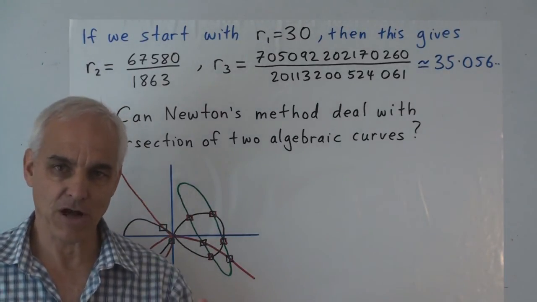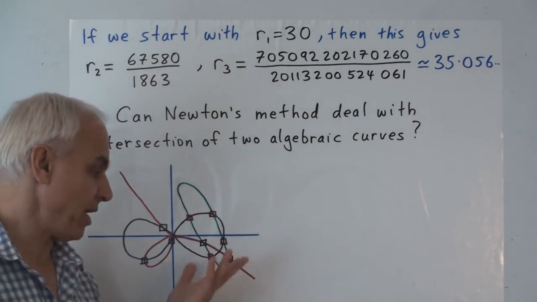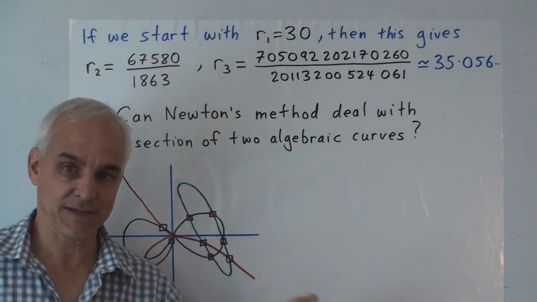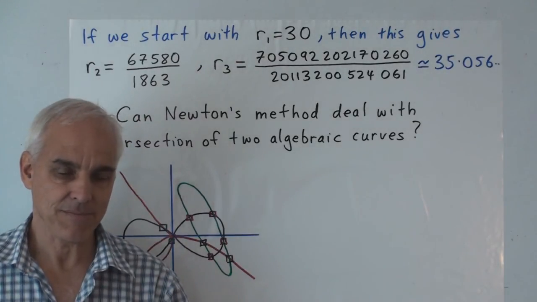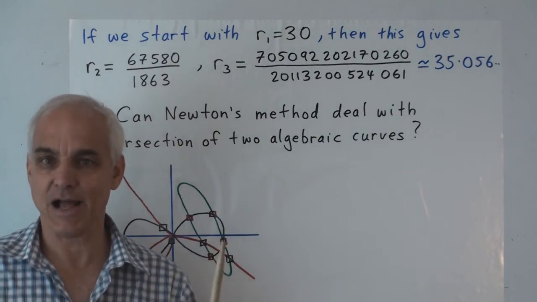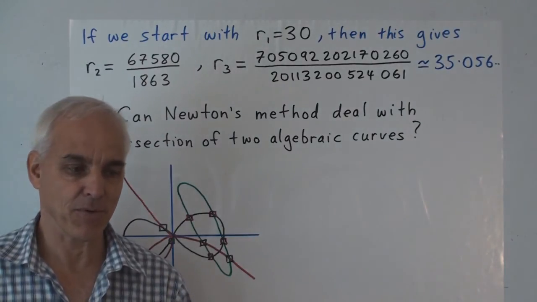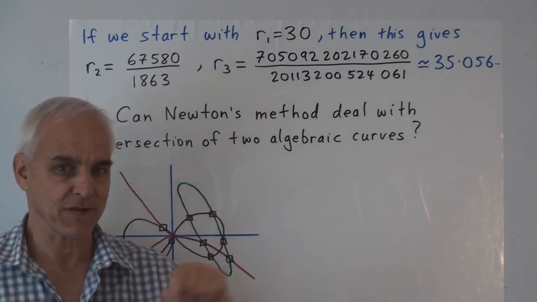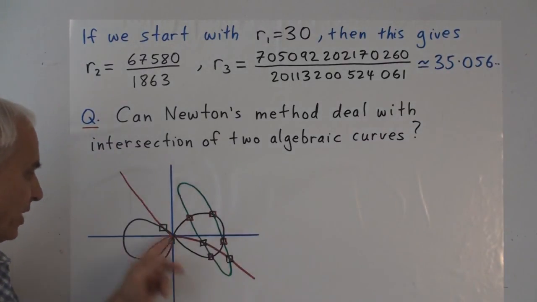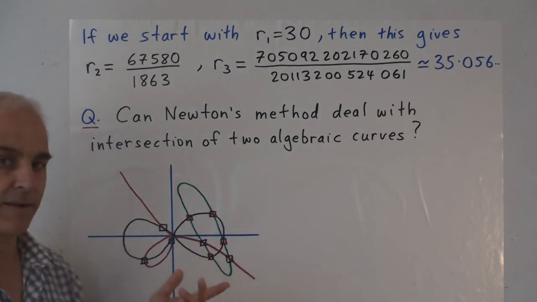So next time I'm going to talk about this, and I'm going to show you a way of thinking about algebraic curves and Newton's method that generalizes it to this situation. It goes back to our earlier interpretation of what an algebraic curve is. You may remember I said that there were a number of different interpretations. There was an interpretation A, where we thought of an algebraic curve like this as actually a picture, a set of points, or a curve in the plane.